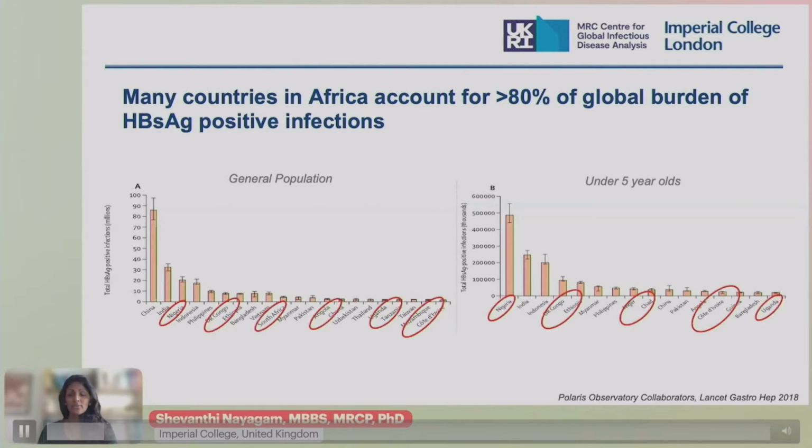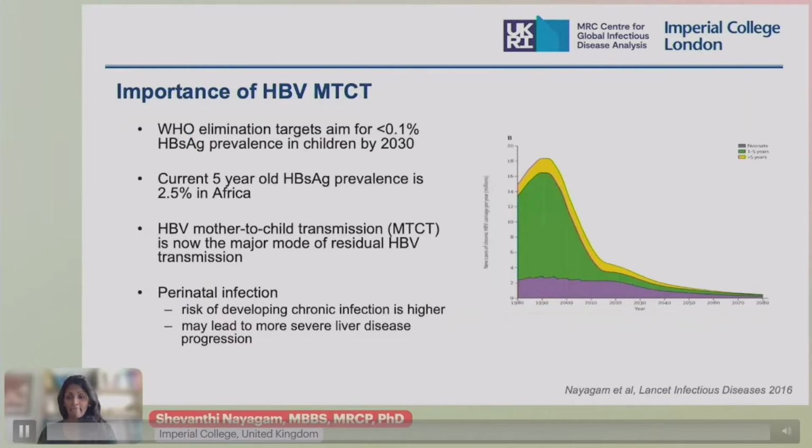And these two panels are from the Polaris Observatory study in 2018 and show on the left-hand panel the hepatitis B surface antigen prevalence in the general population, and on the right-hand panel in the under 5-year-olds. And as you can see, a lot of the countries where the burden is the highest is in the WHO Afro region.